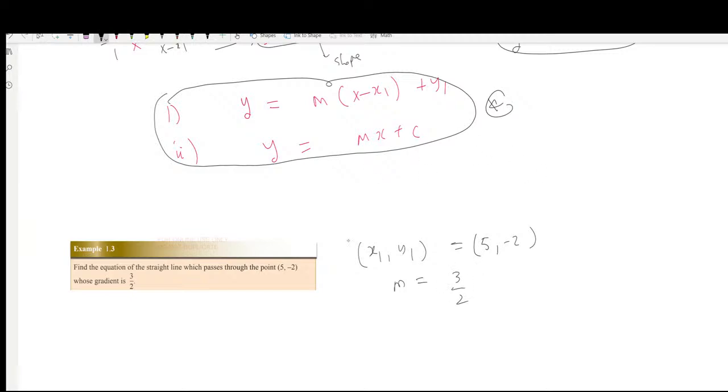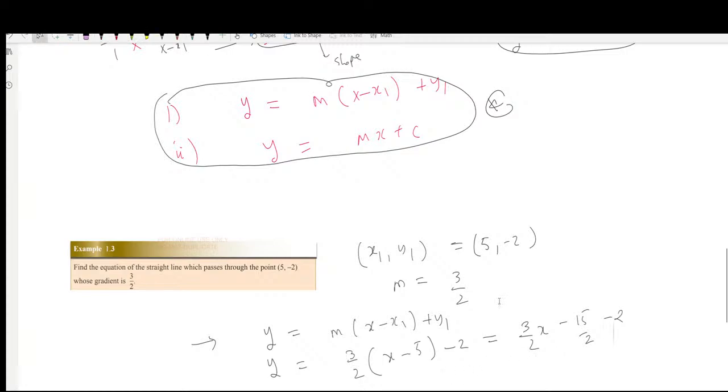So we are going to use the first equation: y equals m(x minus x1) plus y1. So we have y equals 3 over 2 in the bracket, x minus 5, plus negative 2. You simplify, and you'll have 3 over 2 x minus 15 over 2 minus 2.